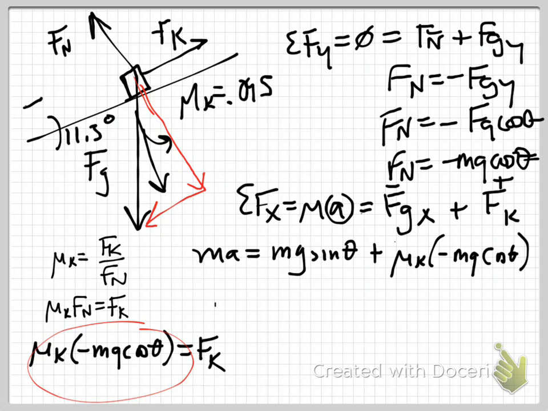A few people got really concerned about the fact that mass was not given in this problem. When you see a problem like this and mass is not given, you have to kind of trust the algebra. Get these down to the point where you've got expressions that all have mass, and guess what? It all cancels out. This is that same thing we were talking about with the water slide.